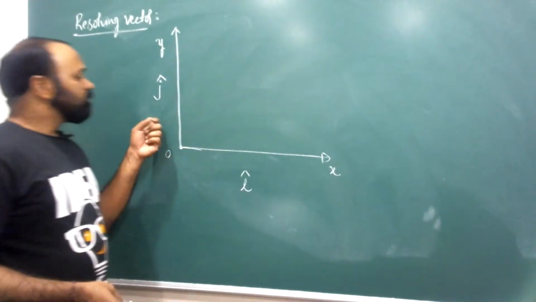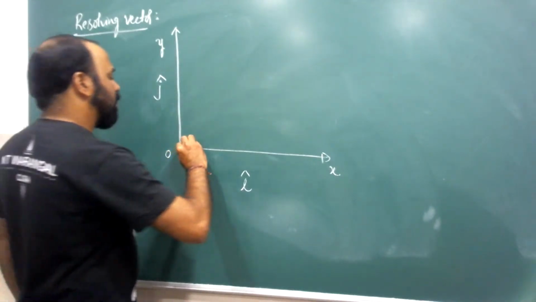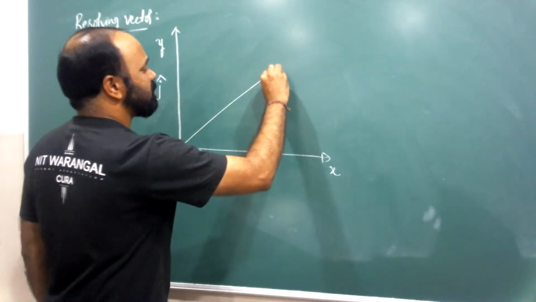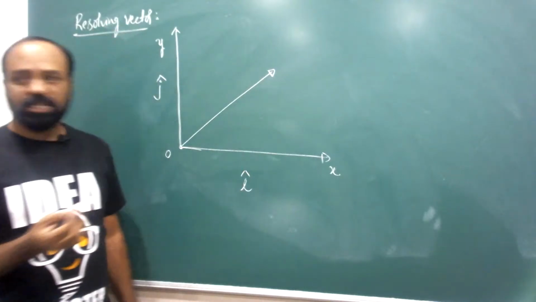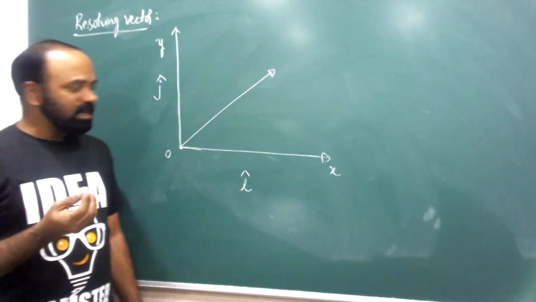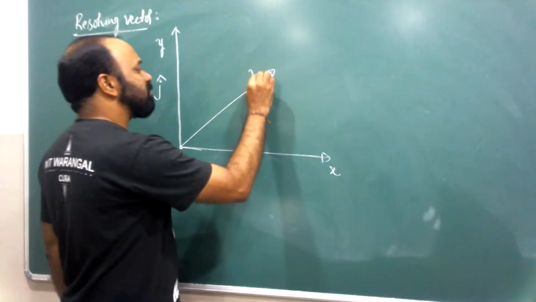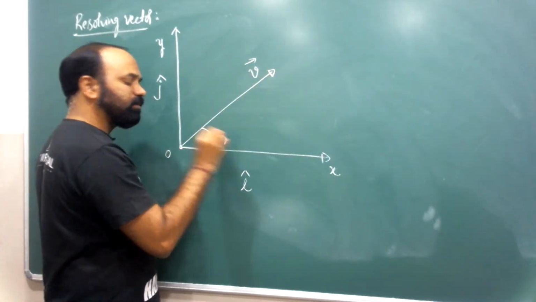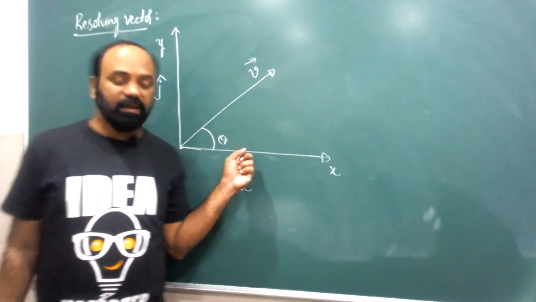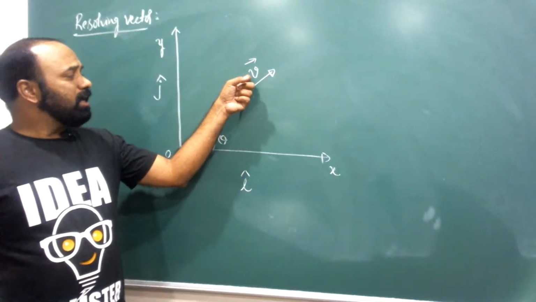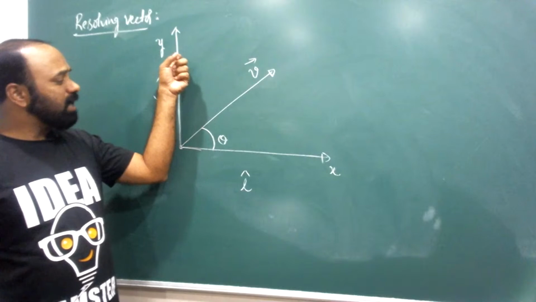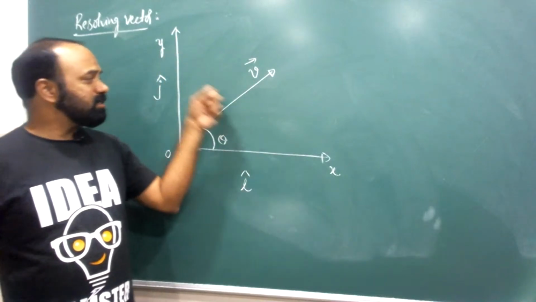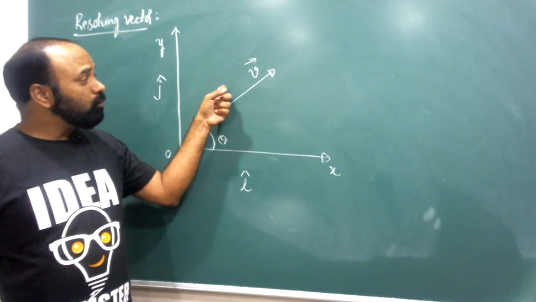Now I have a vector like this. Let us take any vector, it may be a displacement vector or position vector or velocity vector. I am taking this as the velocity vector V bar, which is making an angle theta with the x-axis. This velocity vector lies in the xy plane, so it's a two-dimensional vector. It has two components.